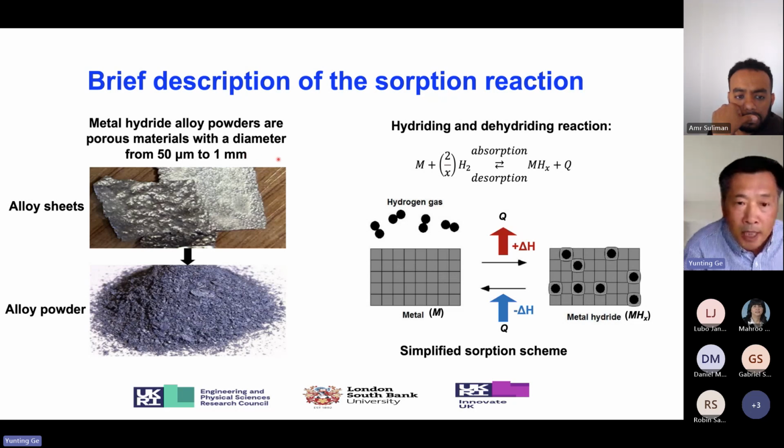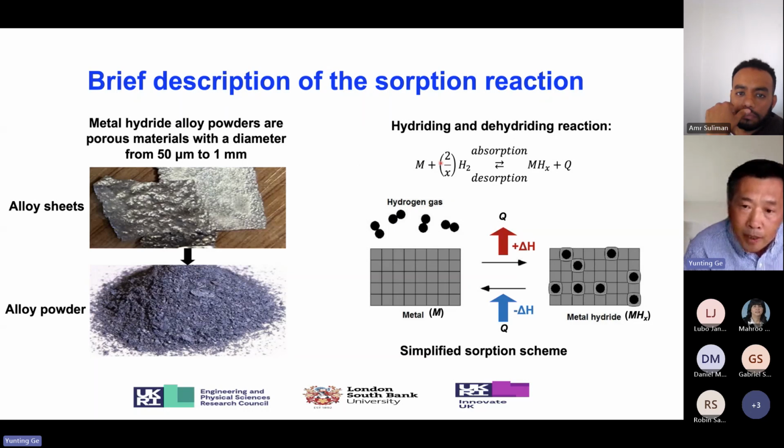For the metal hydrate heat pump, the main operation is the chemical reaction of absorption and desorption for the system.